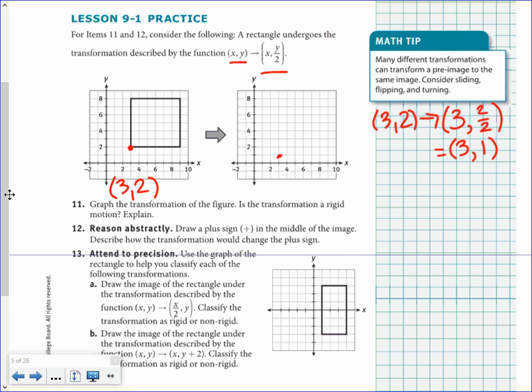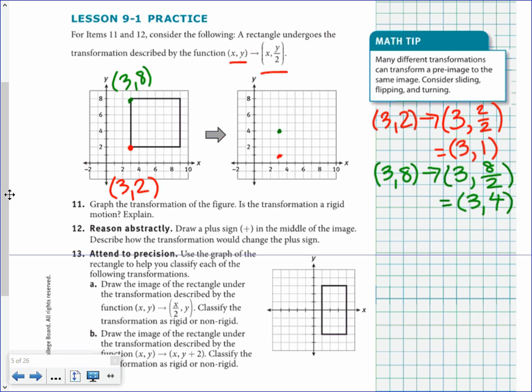If I look at the top left corner, that is the point (3, 8). So if I apply the function to (3, 8), the x value still is 3, 8 divided by 2, which is going to be (3, 4). So if I graph that, I will have (3, 4) for my top left corner.